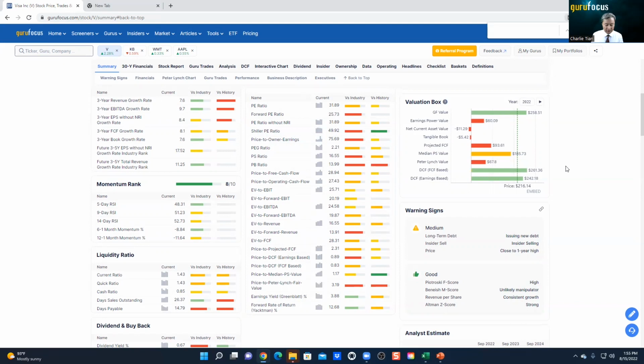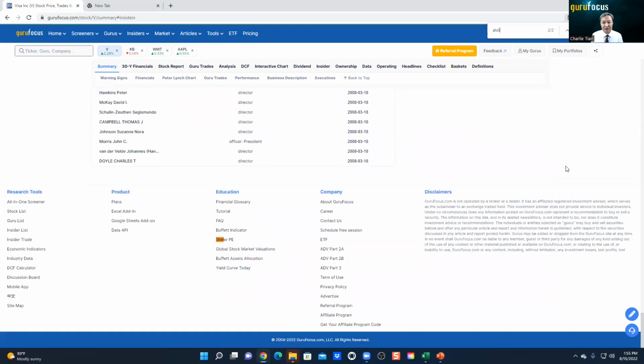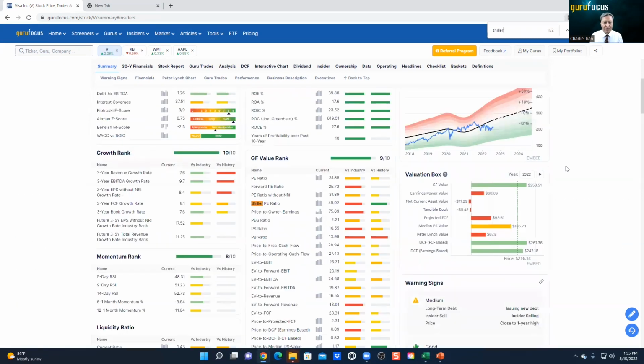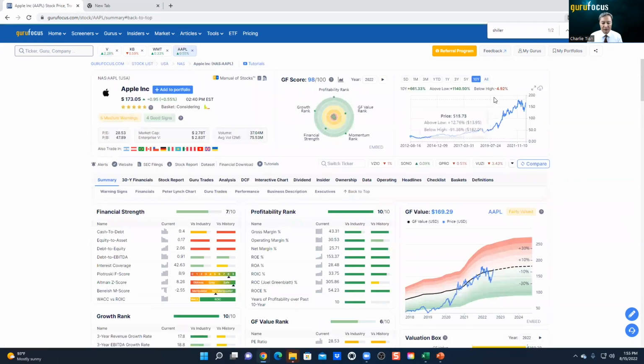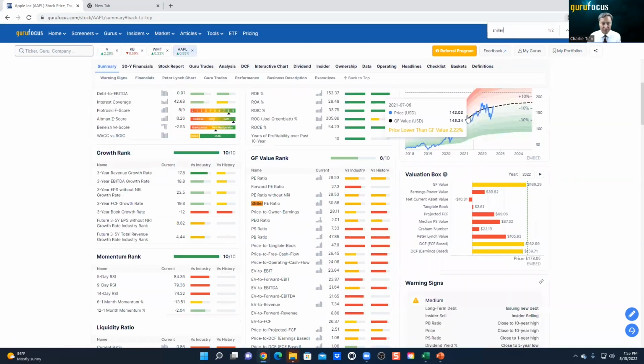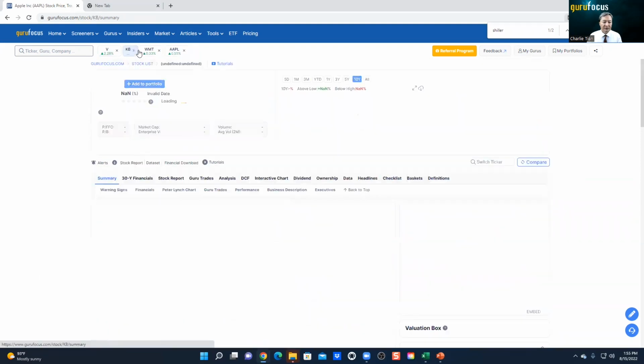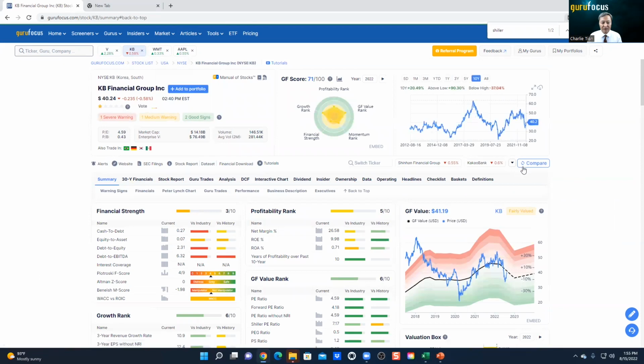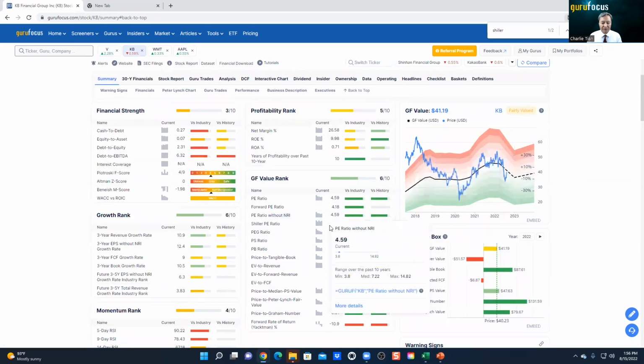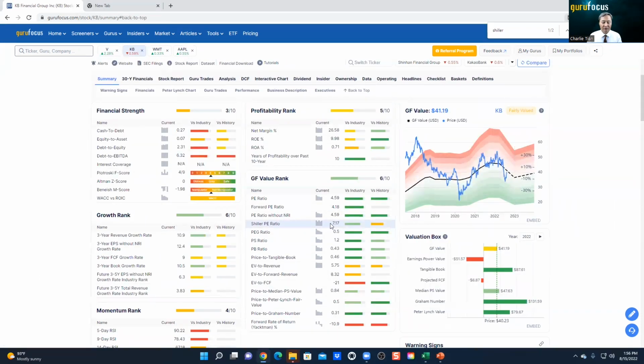If you cannot find it, you can always search in the page by pressing Control F and searching Shiller PE. If we look at Apple, for example, the Shiller PE ratio is 50, still very high. And if we look at a cyclical company, KB Home, the Shiller PE is 7, which seems to be very low.